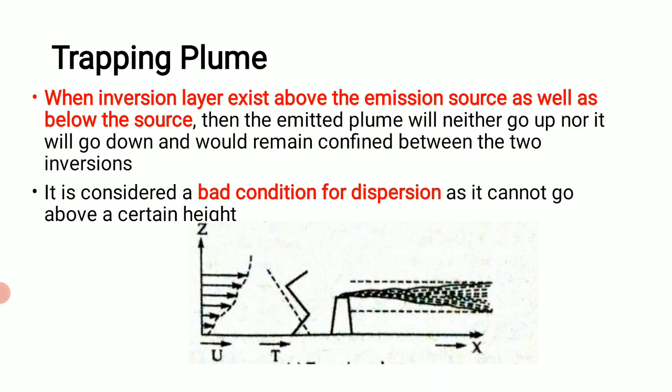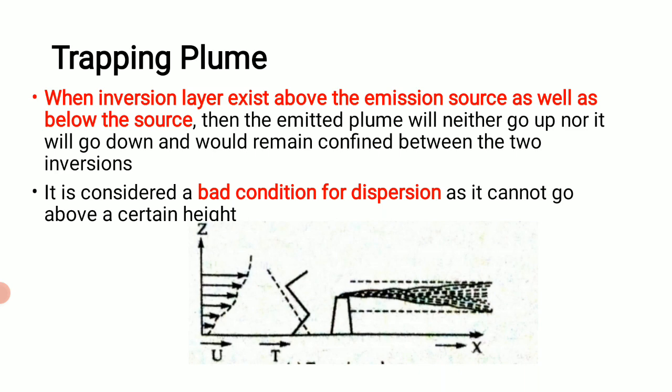So in such a condition, the emitted plume will neither go upwards nor go down, and it will remain confined, or it will get mixed up within those two inversion layers. Okay, in the space between the two inversion layers, the pollutant gets mixed up.